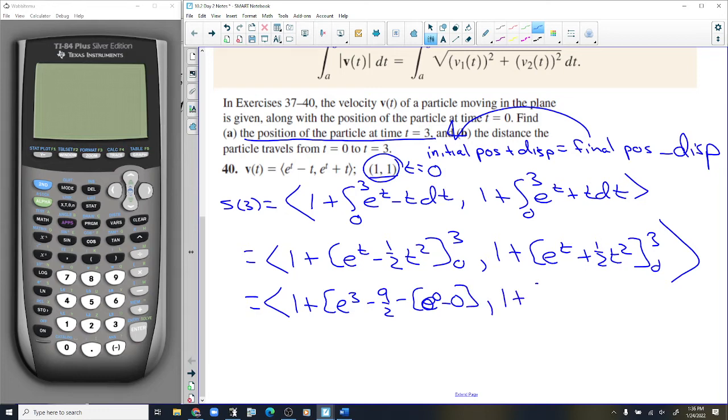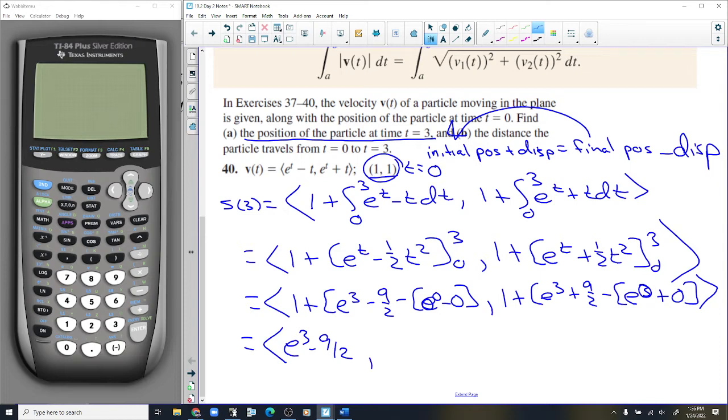Comma, 1 plus e to the third plus 9/2 minus e to the 0 plus 0. I got it eventually. Oh, that's 1, 1 minus 1. So this is just e to the third minus 9/2.